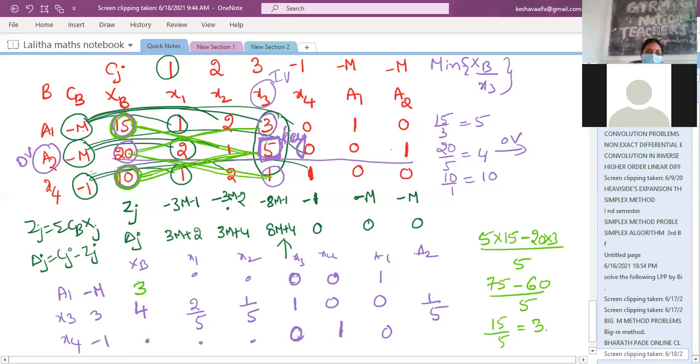So 5 into 10 minus 20 into 1, by key element. Understood? So 50 minus 20 by 5. That means 30 by 5. 30 by 5 is how much? 6. We get 6 here.